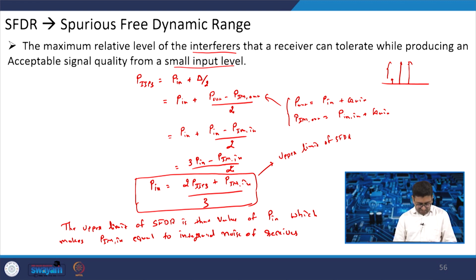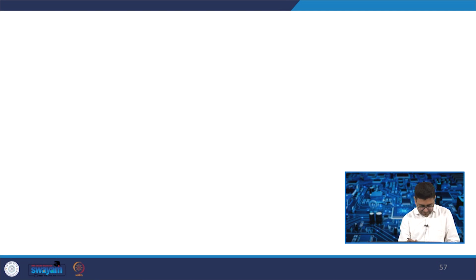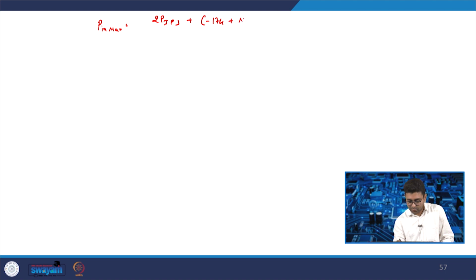So, what we can write is P in max, which is equal to 2P IIP3 plus what is this, P IM in. So, that is a lower limit, that is minus 174 plus noise figure plus 10 log B, divided by 3.